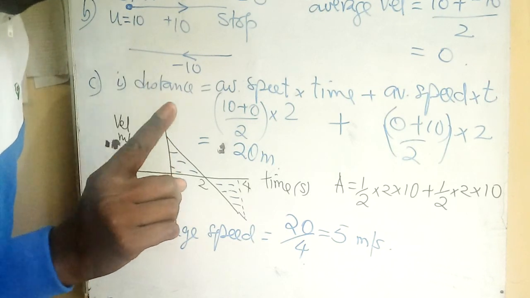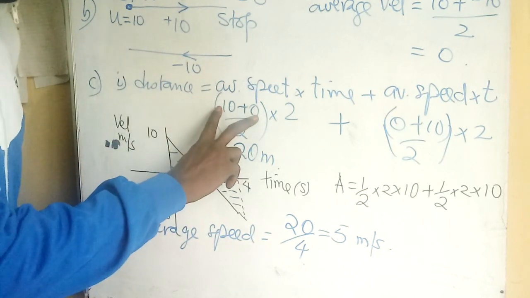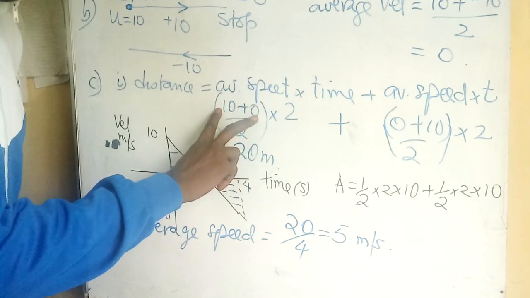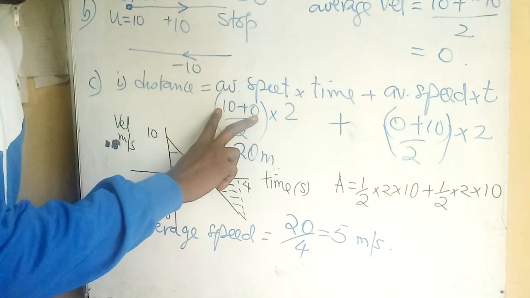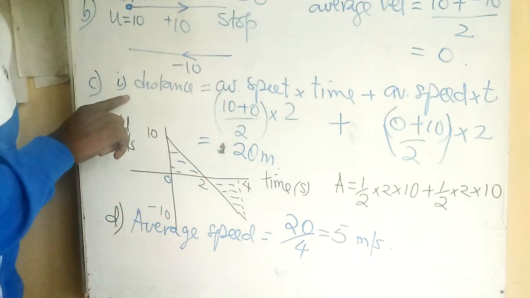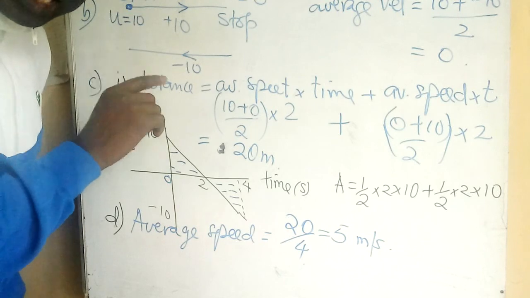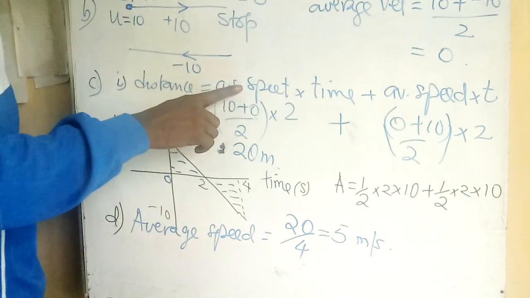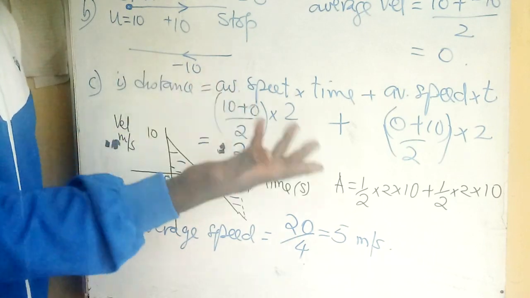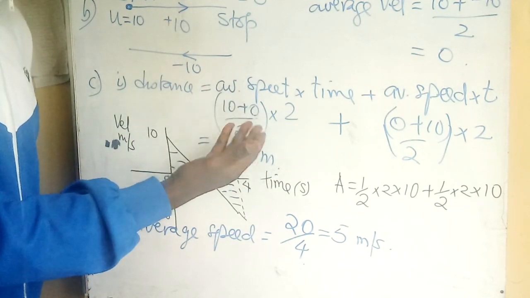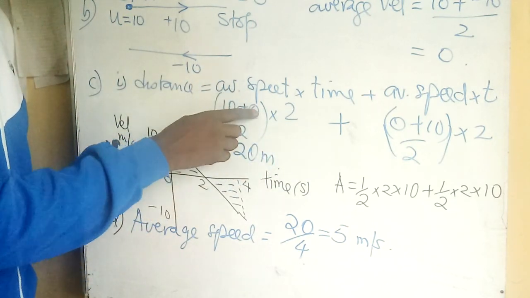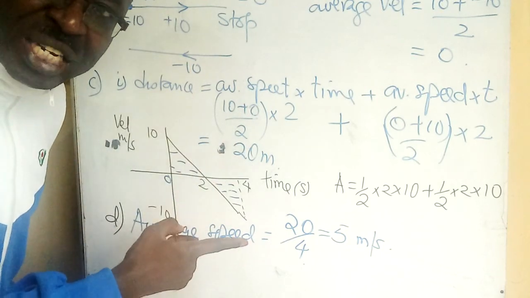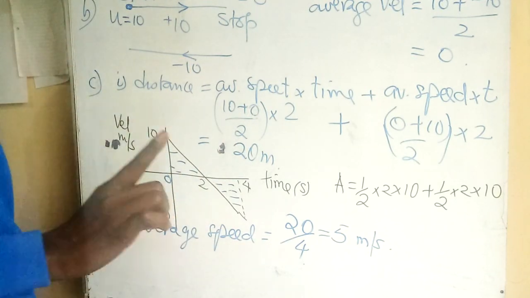Reason being, there were these changing velocities, but if he asks you distance when it is moving at uniform speed, then you use that uniform speed. Because if it was uniform speed 10, it would be 10 plus 10 divided by 2, which is the same as 10. Get it right.